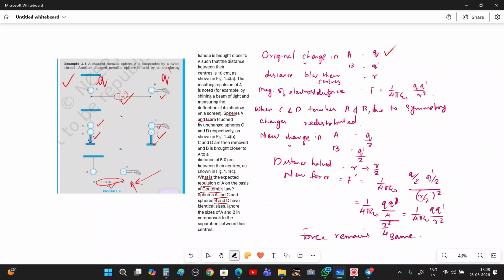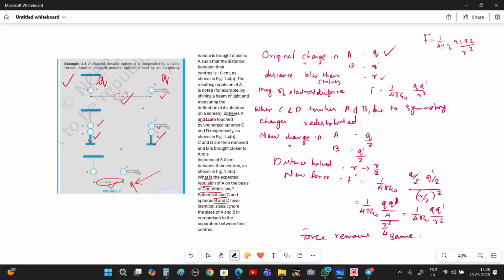The distance between their centers, even though it is given as 10 centimeter, we represent with the letter R. What is the equation for finding the electrostatic force between two charges? F is equal to 1 by 4 pi epsilon 0, Q1 Q2 divided by R square. This is our formula.